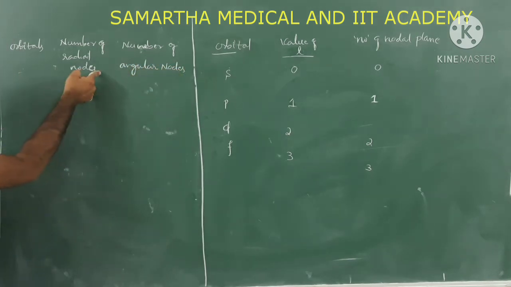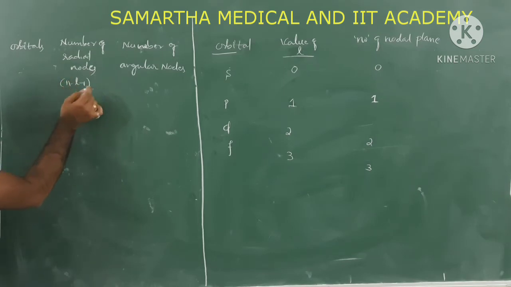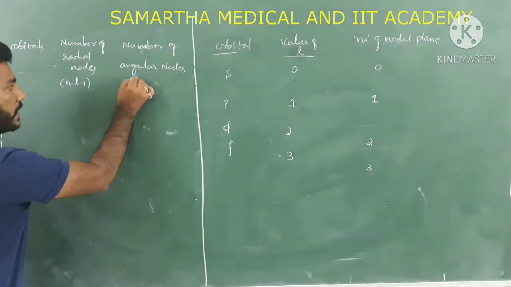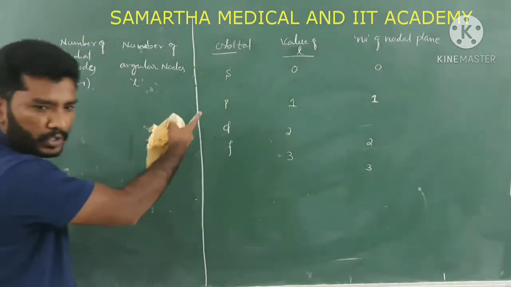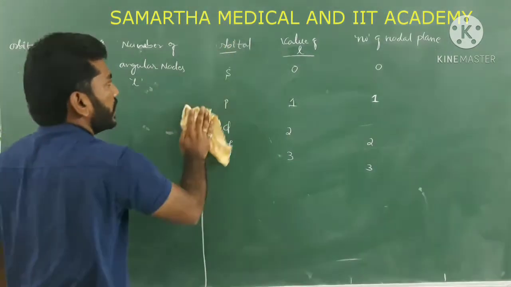What is the formula for the number of radial nodes, guys? That is n minus L minus 1. By using this formula we are going to calculate the actual radial nodes present in different types of orbitals. And one more column we want here, so I am going to rub this out and take it down.